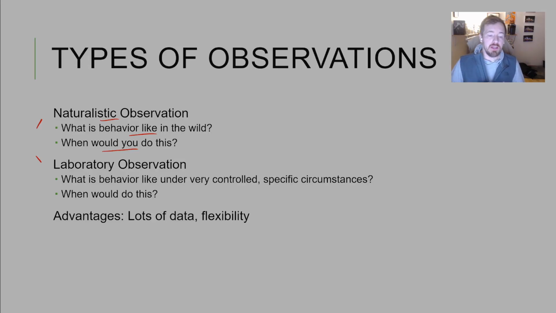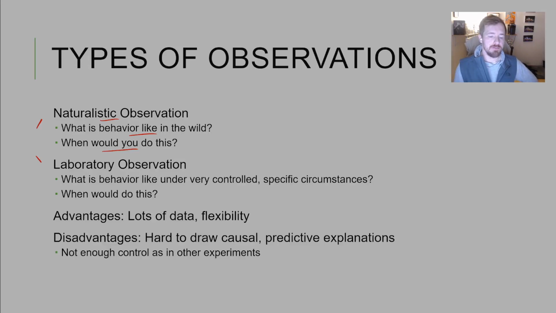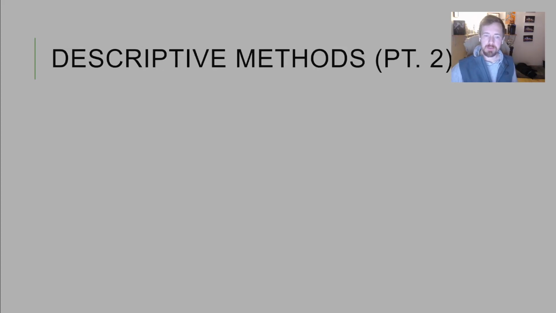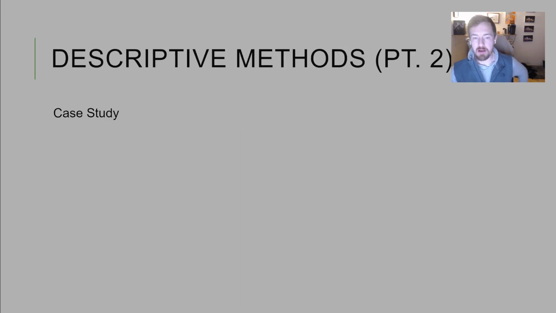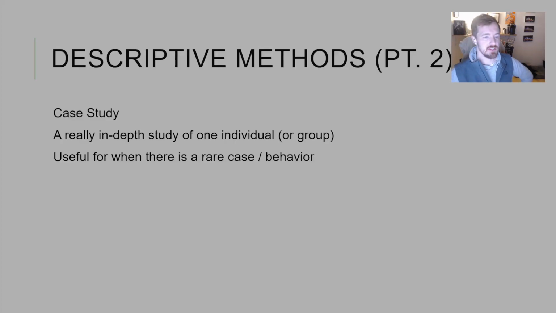The advantages of having observational data like this is that it gives you lots of data and lots of flexibility, but the problem is that it can sometimes be hard to draw causal or predictive explanations. It doesn't give you a whole lot of control in your experiments. Another final descriptive method is called a case study, and we'll talk about these a lot more later this semester.